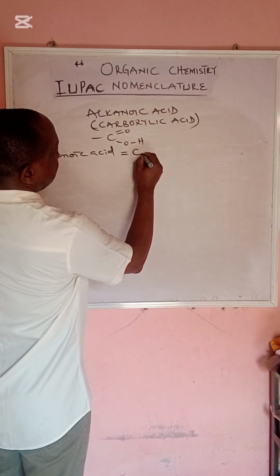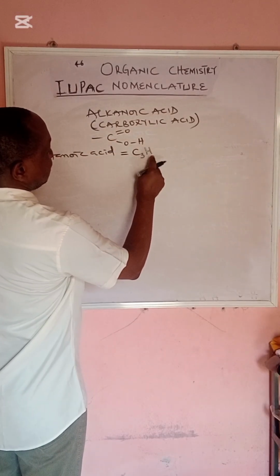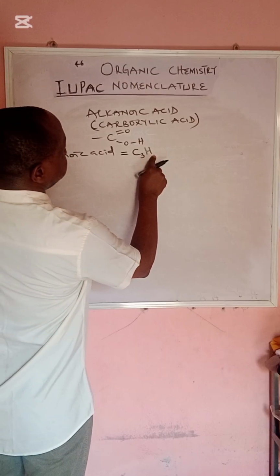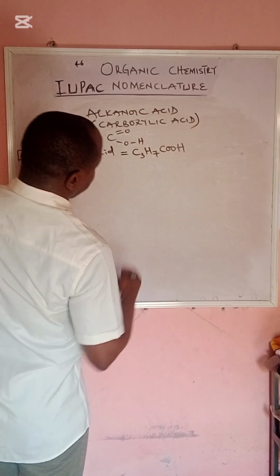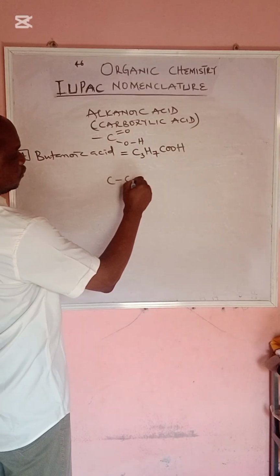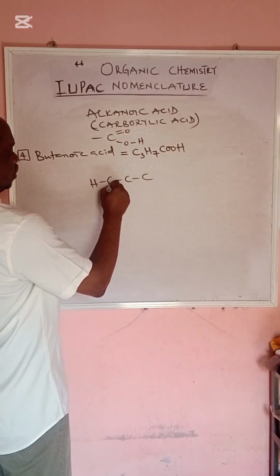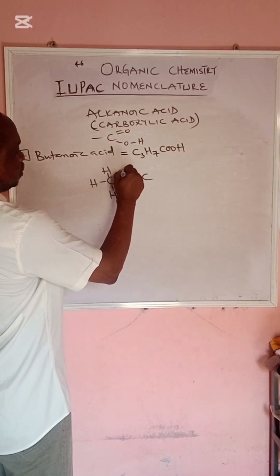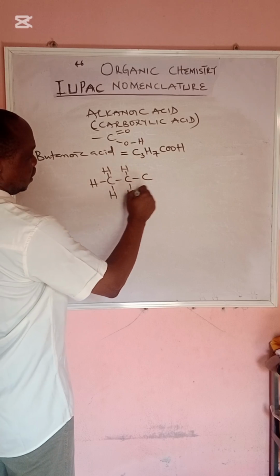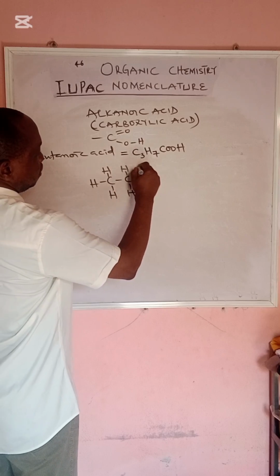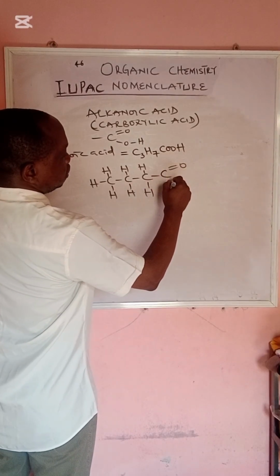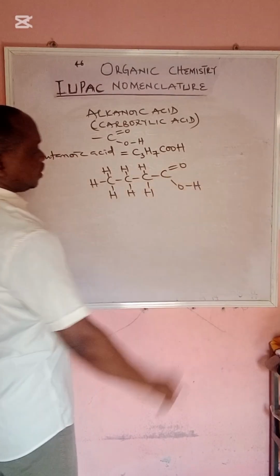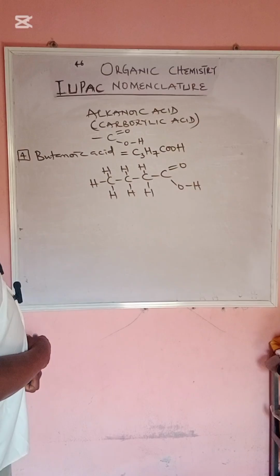So use the formula C3, H 2 times 3 is 6 plus 1 is 7, then COOH. Structurally, 1, 2, 3. We have hydrogen here, hydrogen here, hydrogen here, hydrogen here, hydrogen here, hydrogen here, hydrogen here. Then this is butanoic 4. So this one will be double bond OH. That's the structure of butanoic acid.